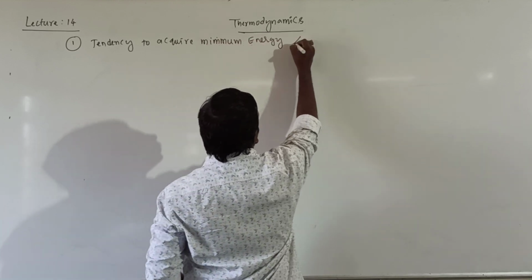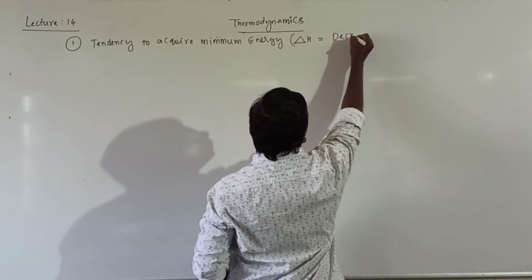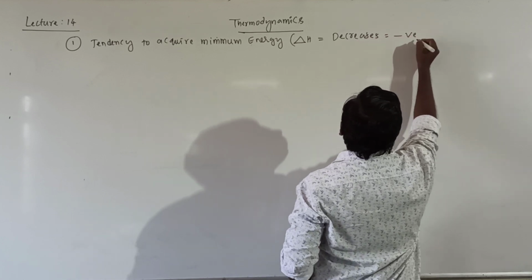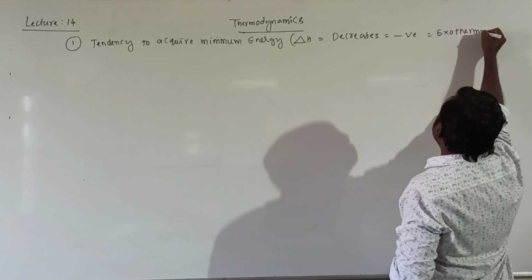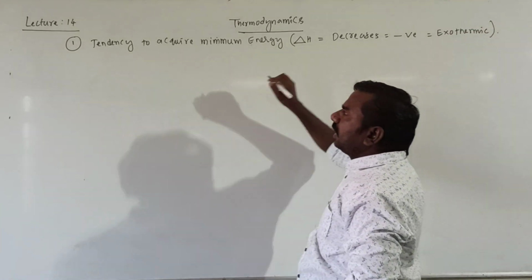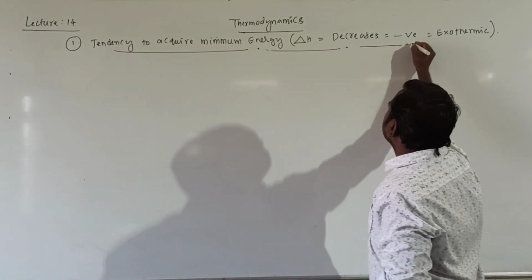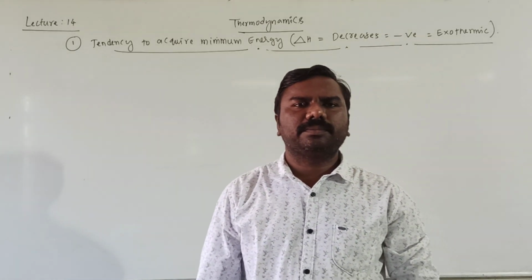Delta H decreases means negative means exothermic. Clear? This is what our heading. Okay. You just observe, students.